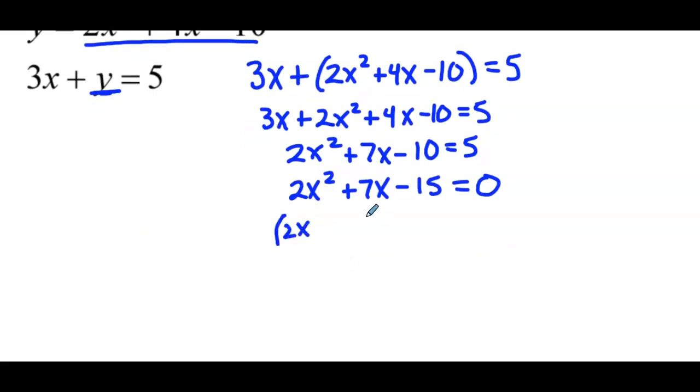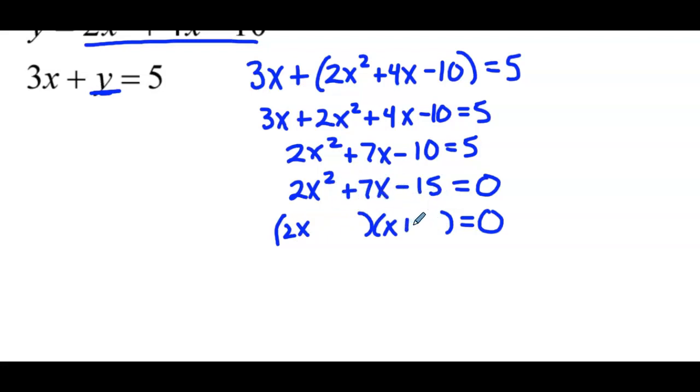So we can factor this. 2 is a prime coefficient, so I'll go with the guess and check method, but by all means, if you're more comfortable with the grouping method, multiply 2 times negative 15 and go from there. So we need to go through the factors of negative 15 so that if we distribute out our factors, we get 7x in the middle.